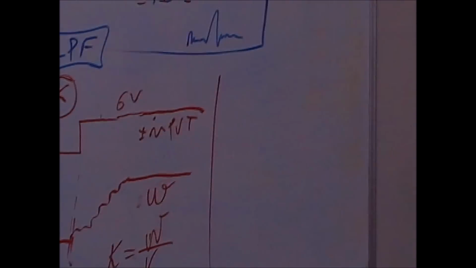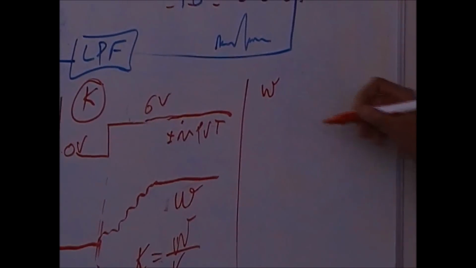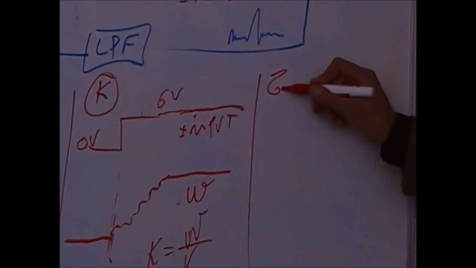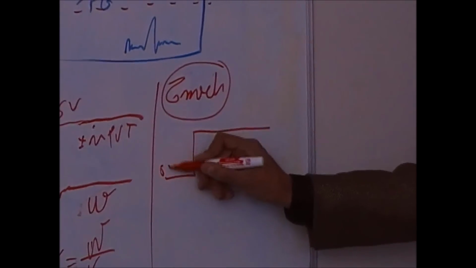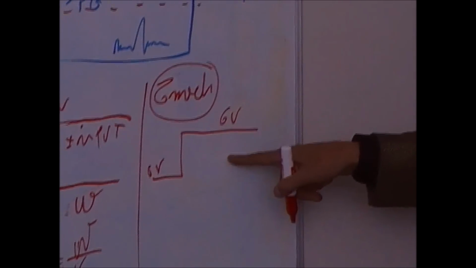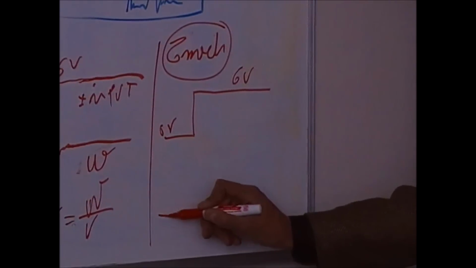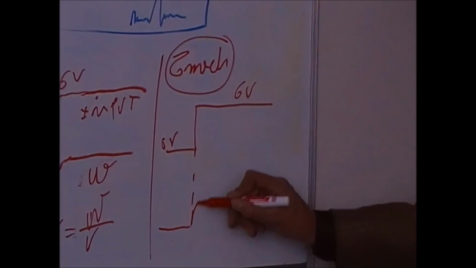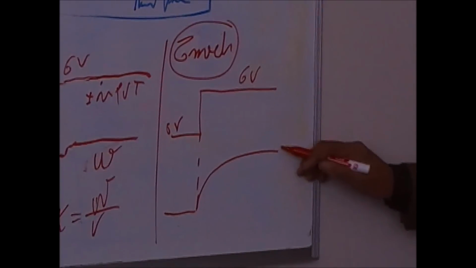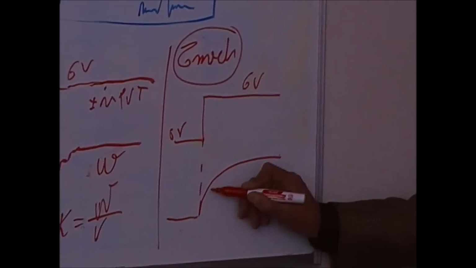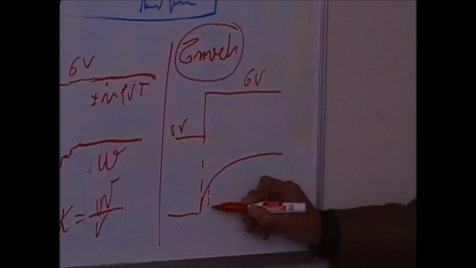Now, how do we identify the second part, which is tau mac, the mechanical time constant? We do a similar experiment. We apply 0 volts, then 6 volts. This is the input voltage. The motor is going to do something like this. The speed is going to grow until it stabilizes. If we take this point here, 63%.